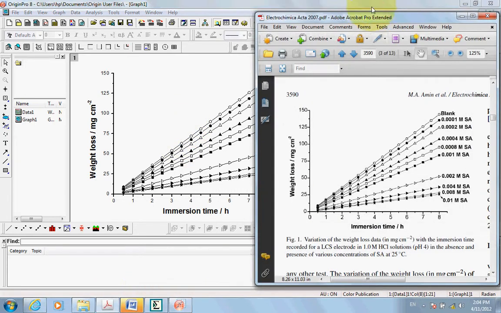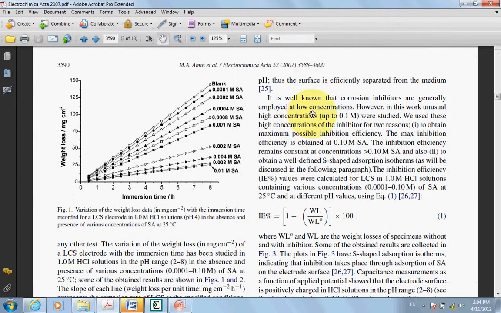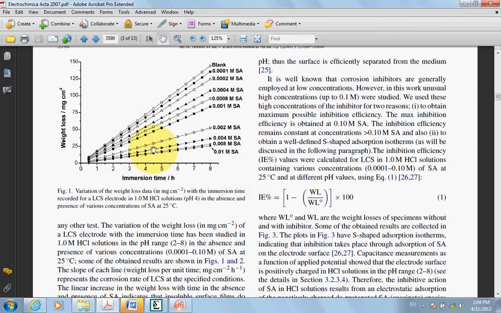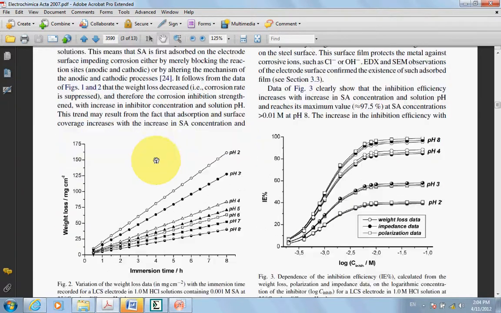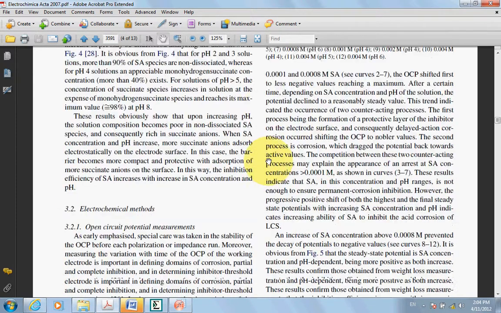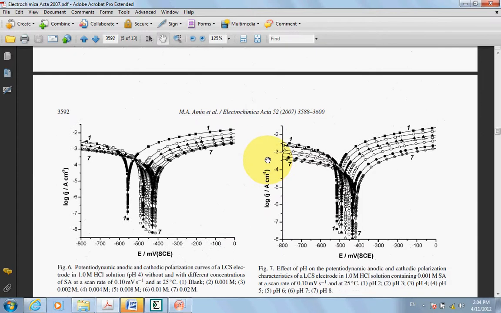If you go back to the article, we will find the same behavior in figure 1 repeated in figure 2 and figure 3. This is very clear from the similarity of the figures. Also, we can examine the data of the Tafel or polarization technique, as in figure 6 or figure 7.